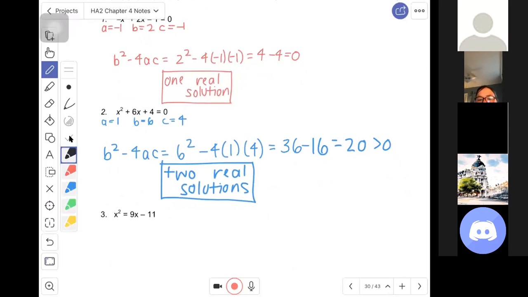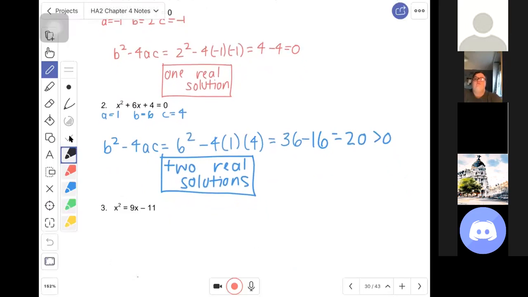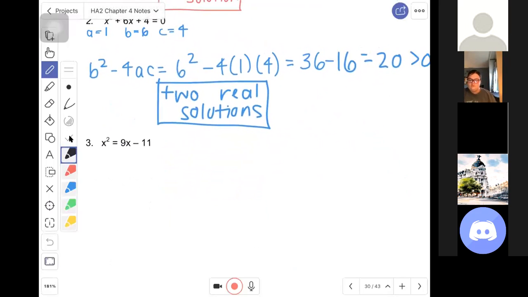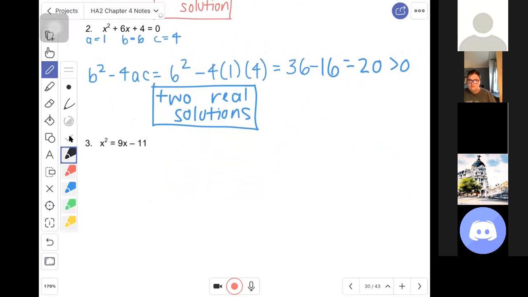Julia, what did you say A, B, and C are for number 3? A is 1, B is 9, and C is -11. So, is everything on the same side? No. Yeah, that one had a little trick in there.